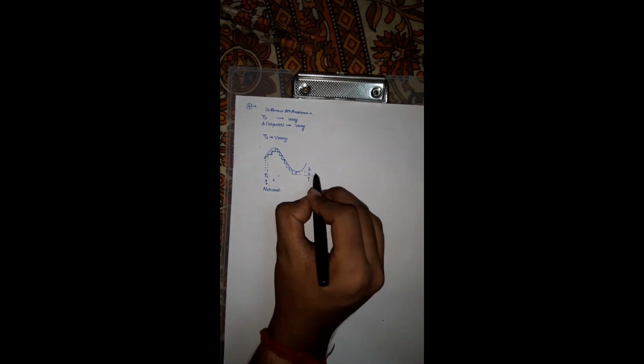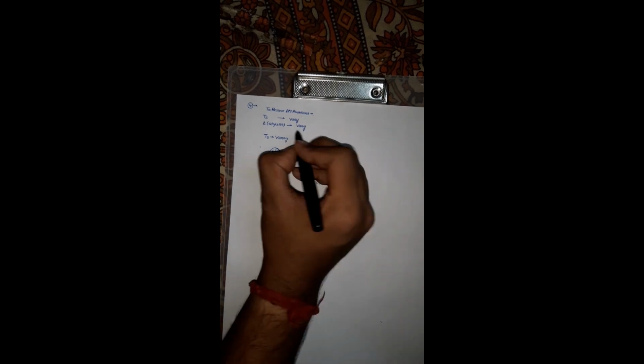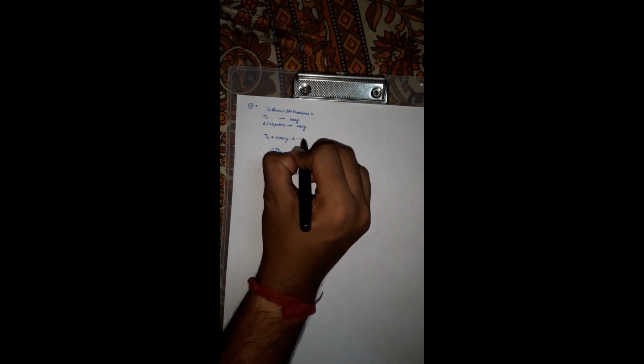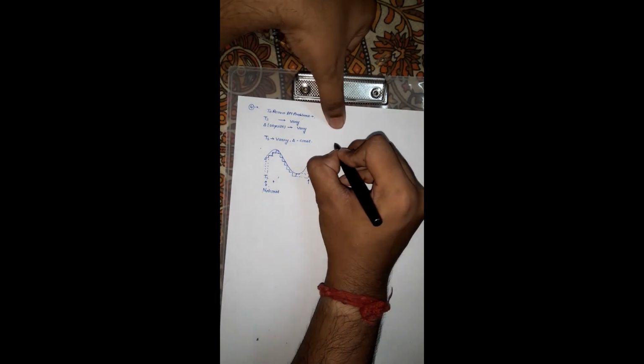Using this technique, only TS is varying and delta is constant, we can recover from the DM problem.